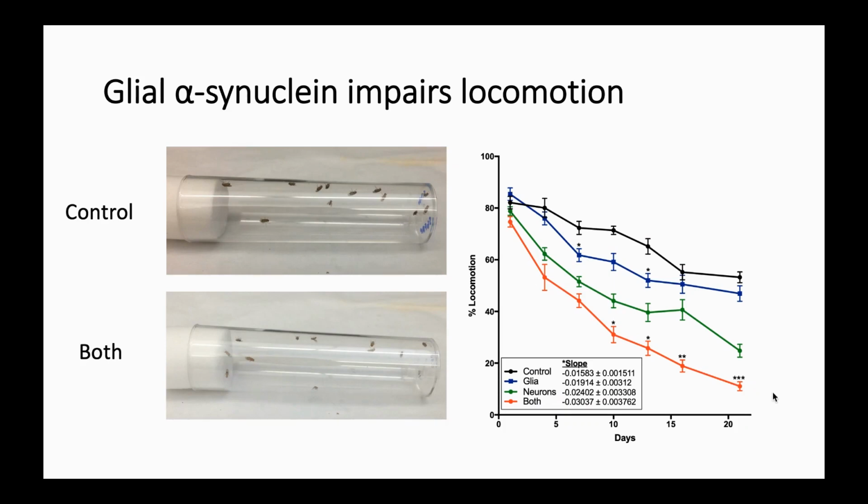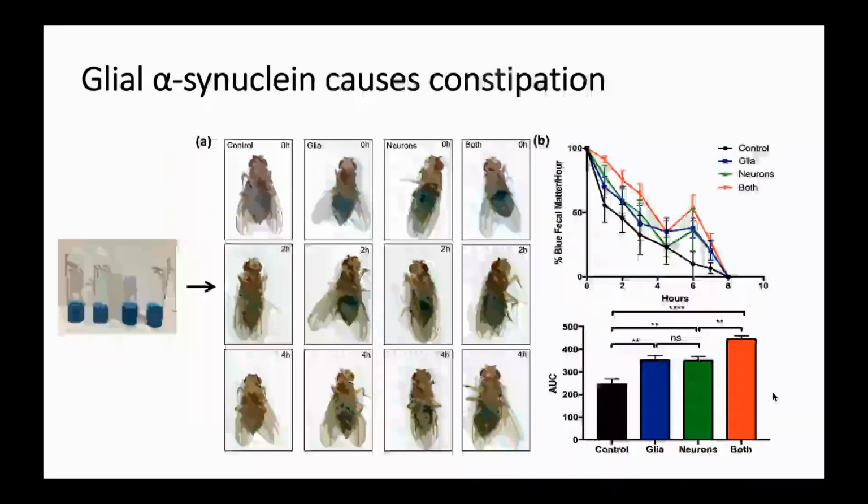In addition to difficulty moving, I wanted to assess some component of the autonomic nervous system in these flies. The autonomic nervous system is really heavily impacted in Parkinson's disease and even more so in multiple system atrophy. So I developed actually a way of testing constipation in the fly, believe it or not.